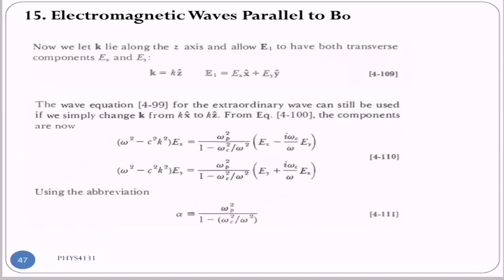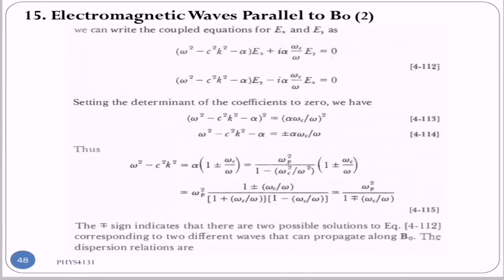We now use the abbreviation alpha, which is equivalent to omega_p squared over (1 minus omega_c squared over omega squared). Then we put this abbreviation in the above equations.